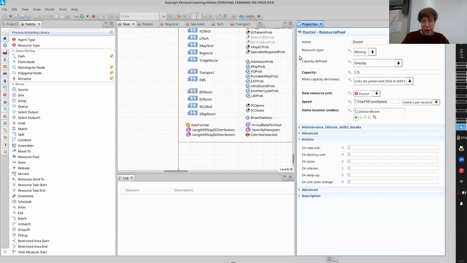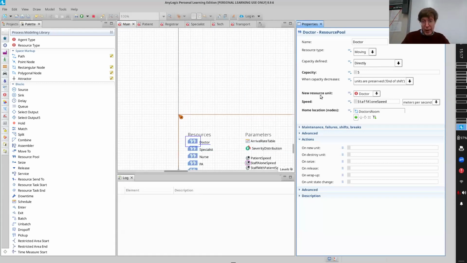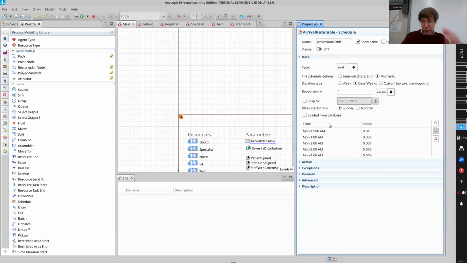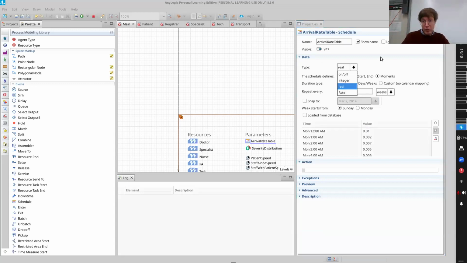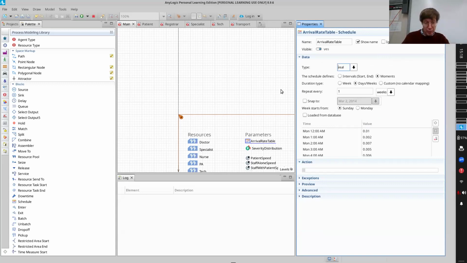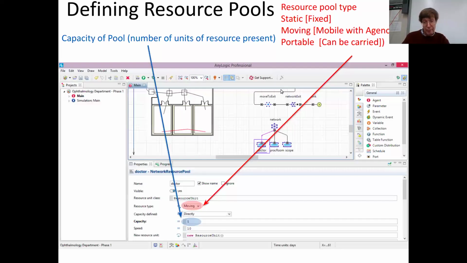Under these parameters, there's an arrival rate schedule that indicates what's the rate of arrival of different agents. And you can also put in place a schedule that will delineate the availability of resources, whether resources are in fact available or not.